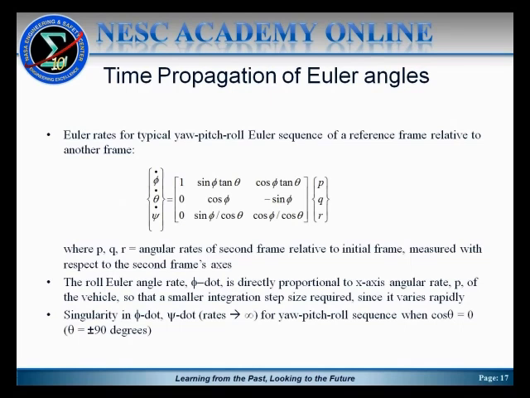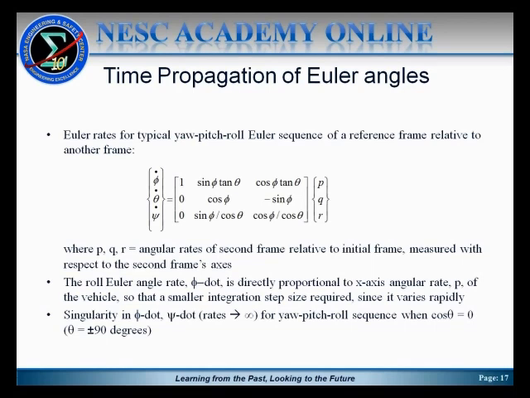So again, going back to our traditional aerospace sequence of yaw, pitch, roll Euler angles, which define the reference frame of usually the body frame of some object relative to a reference frame, either based inertially or based on the Earth or some convenient frame.